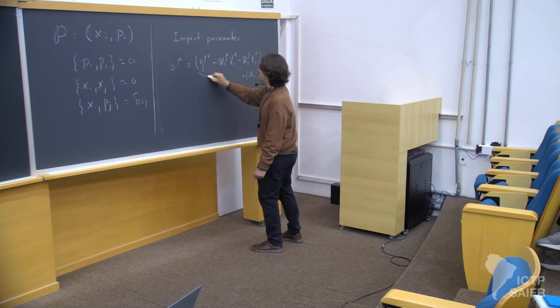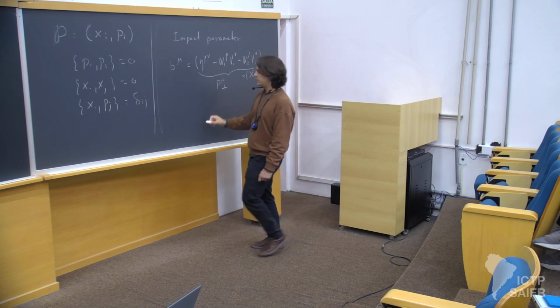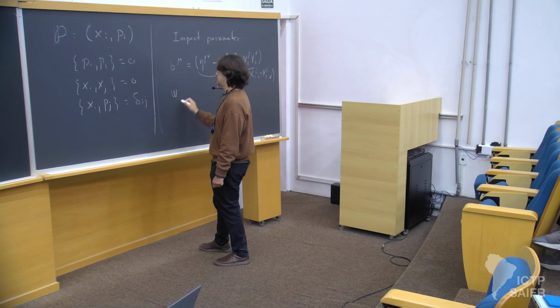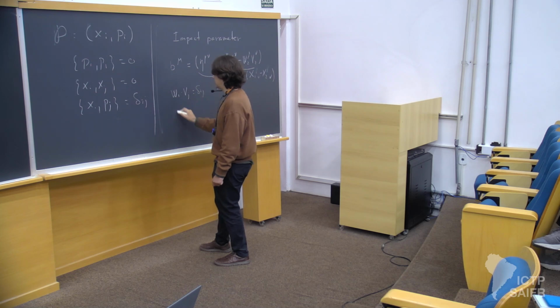This thing here is simply a projector onto the perpendicular direction, and these w's are the duals to the velocities, right? So w_i v_j equals delta_ij, and v_i is just p_i over m_i.